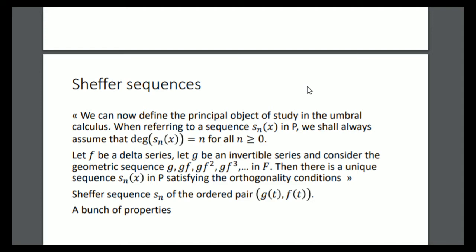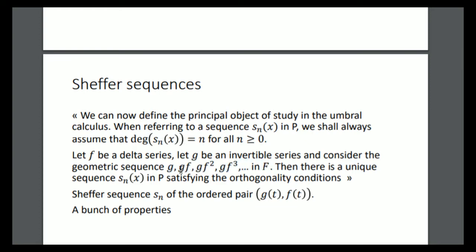So let f be a delta series, as we've seen earlier, and g be an invertible series, so a function that has an inverse. Consider the geometric sequence g, gf, gf squared, gf to the third, etc. in f. Now, this will represent our sequence.